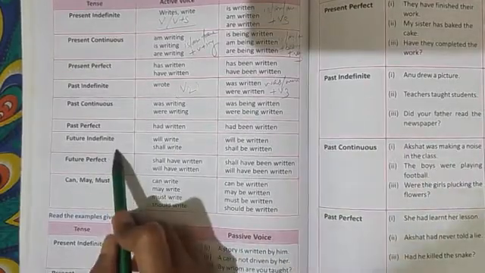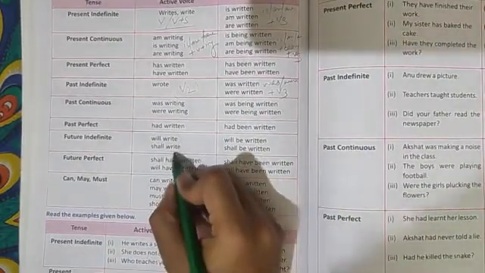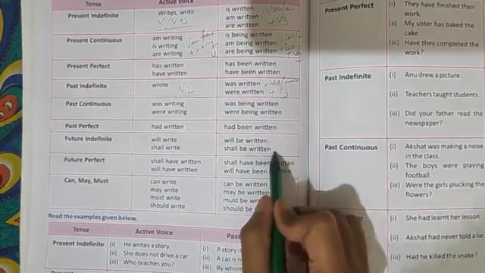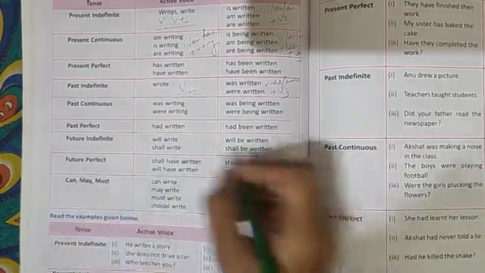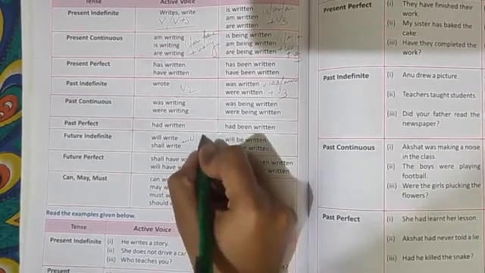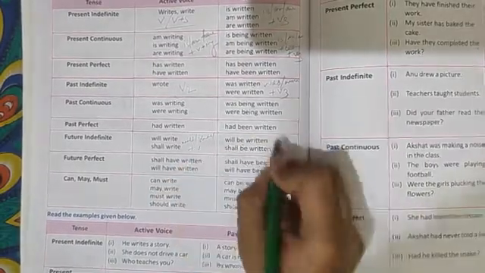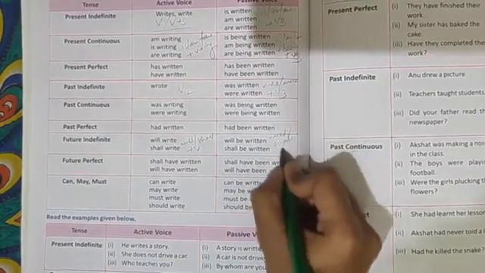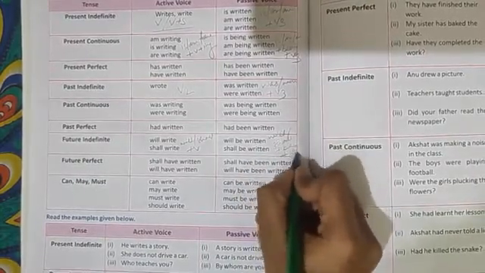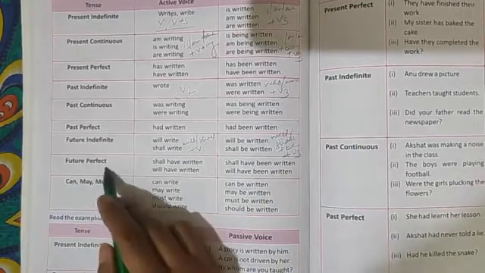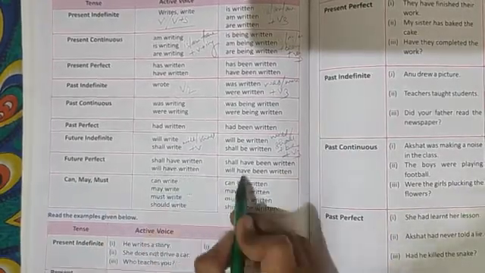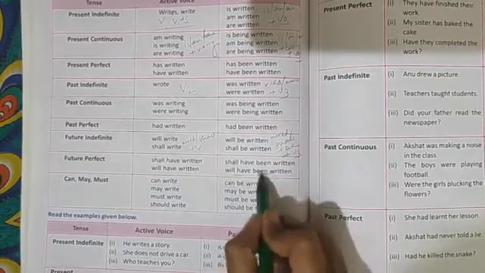Future indefinite means will, shall plus V will transform into will, shall plus be plus V3. Future perfect, will, shall plus have plus V3 will transform into will, shall plus have been plus V3.